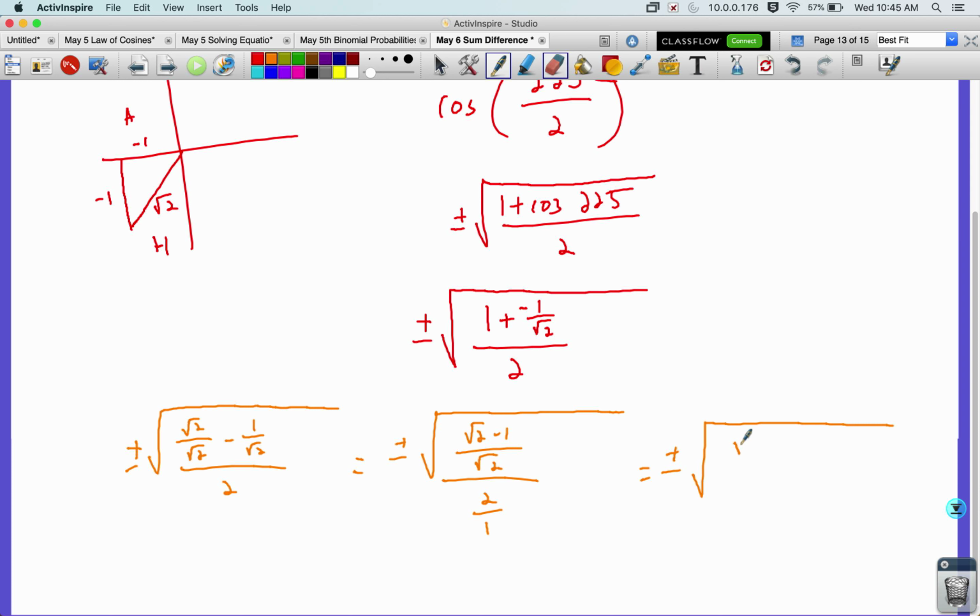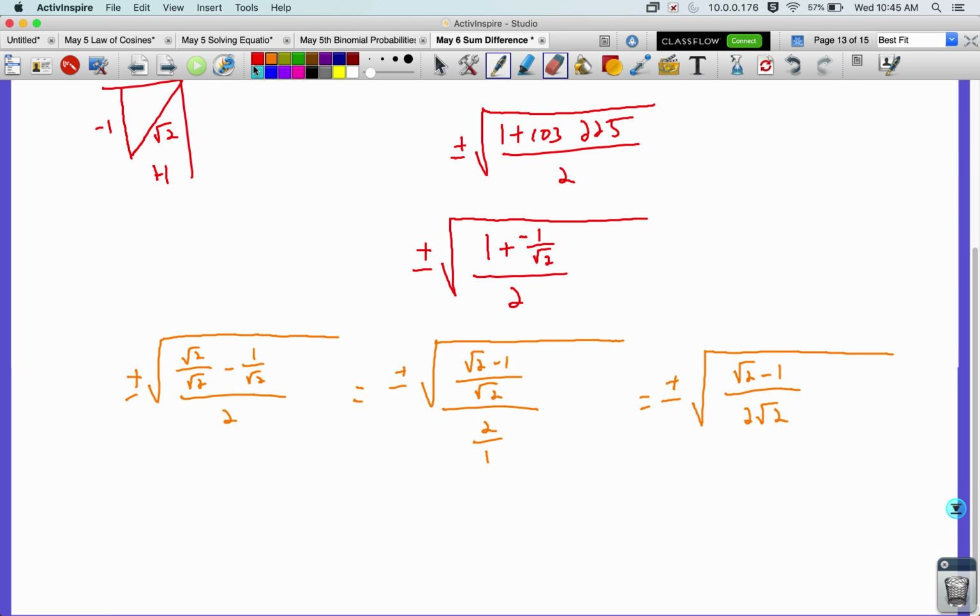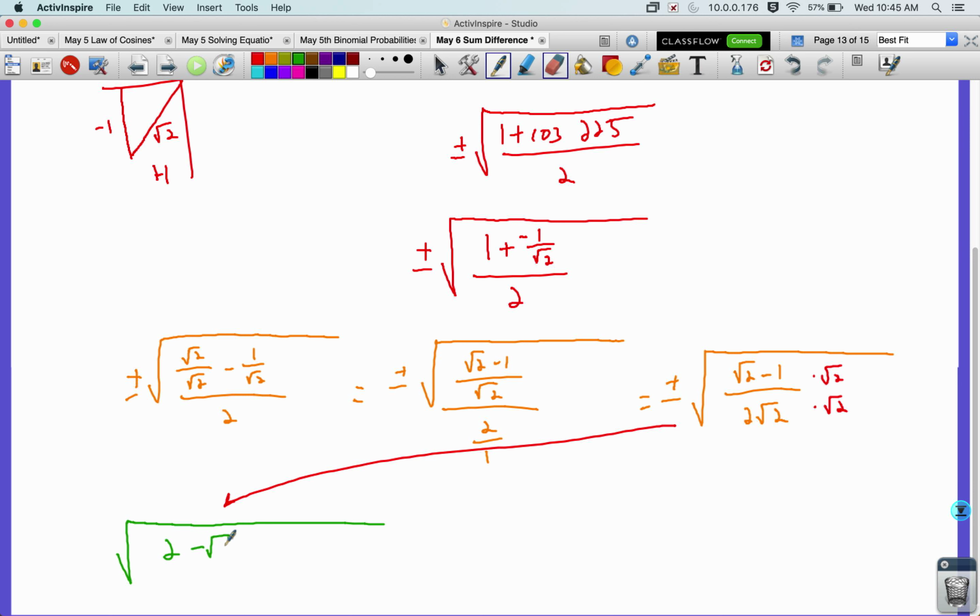So it's now root 2 minus 1 all over 2 root 2. Multiply just inside here by root 2 over root 2. And we get square root of 2 minus root 2 all over, this would become a 4.